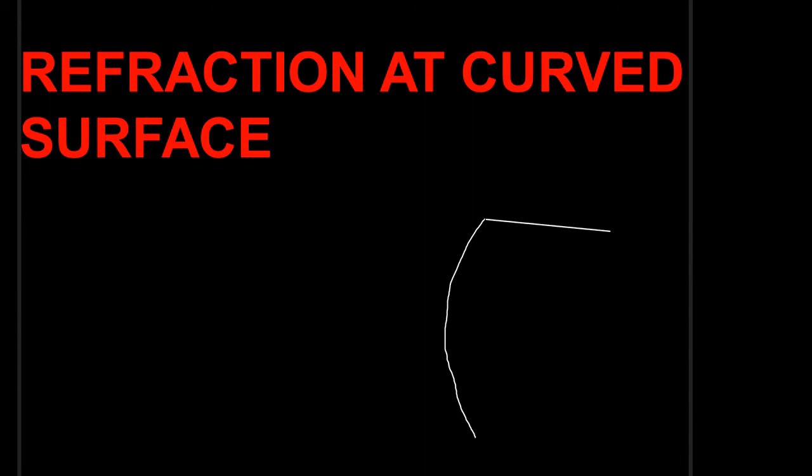Let this be the curved surface X dashed, which separates the media 1 and 2.